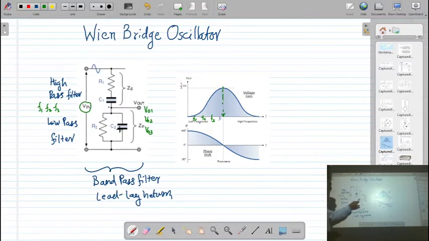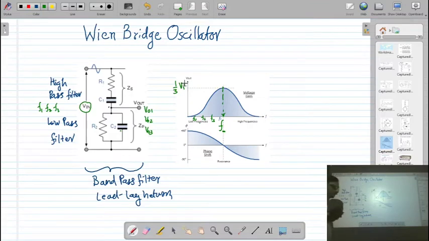So if this capacitor works as a short circuit, then naturally the output voltage will go on decreasing. In this way, by changing the frequency, the output voltage varies in this manner, and at a particular frequency we have a maximum voltage. Here the attenuation of this network is minimum for this particular frequency, and if you measure this voltage, it is 1/3 of the input voltage.